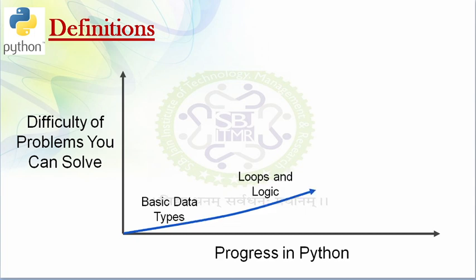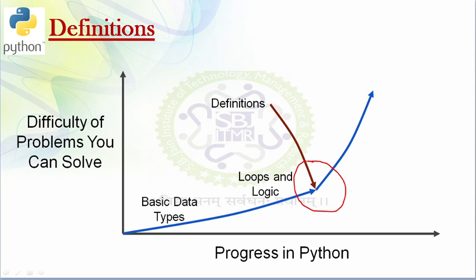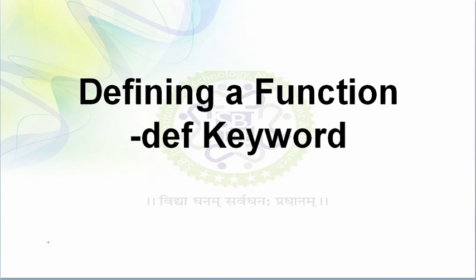When I say about loops and logics, again the difficulty level in Python goes a bit higher. Similarly, when you go beyond again to the more concepts, the complexity goes on increasing. So in between that, here my definition lies in between loops and logics and beyond the further concepts.